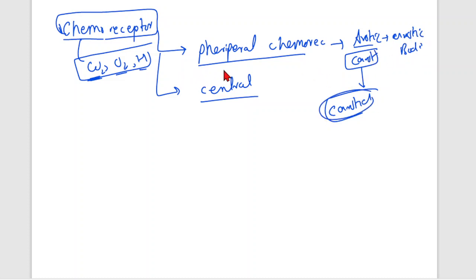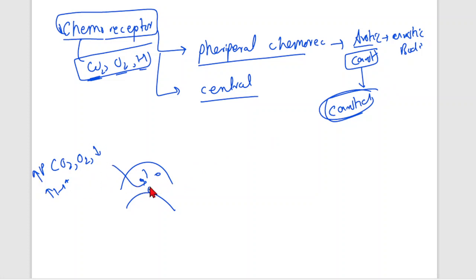The next thing is how it can sense. For example, this is the aorta. Here the aortic bodies are present, and when the carbon dioxide partial pressure, oxygen partial pressure, and hydrogen ion concentration change, they give a signal. For example, if carbon dioxide increases, oxygen decreases, and hydrogen ion increases, the aortic body senses these changes.